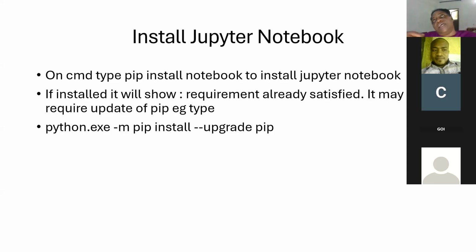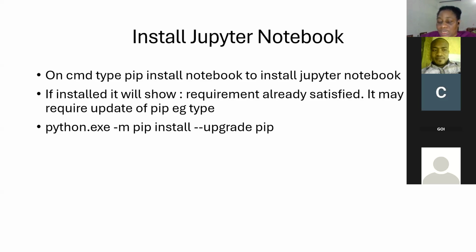There are two ways you can download and install Jupyter Notebook. You can install Anaconda, but Anaconda is so heavy that if you don't have a strong system, it might start misbehaving because it's just heavy. Jupyter Notebook is quite lightweight.